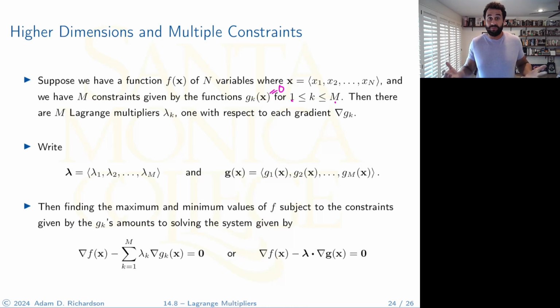That's the lambda vector dotted with the gradient of all those g's vector. We take the gradient of f minus this dot product and set it equal to 0. Solving that gives us the maximum and minimum values if they exist.